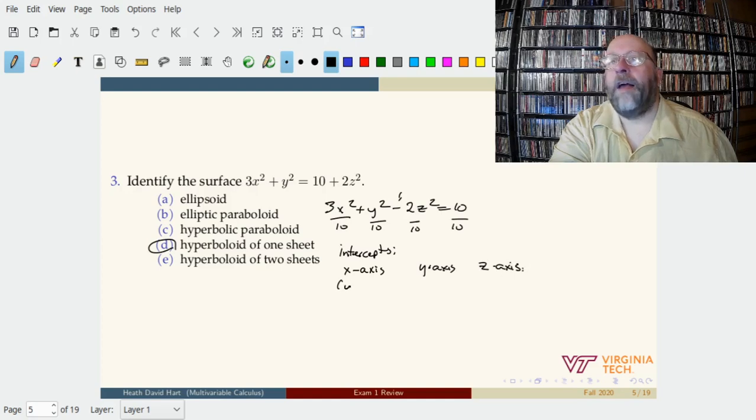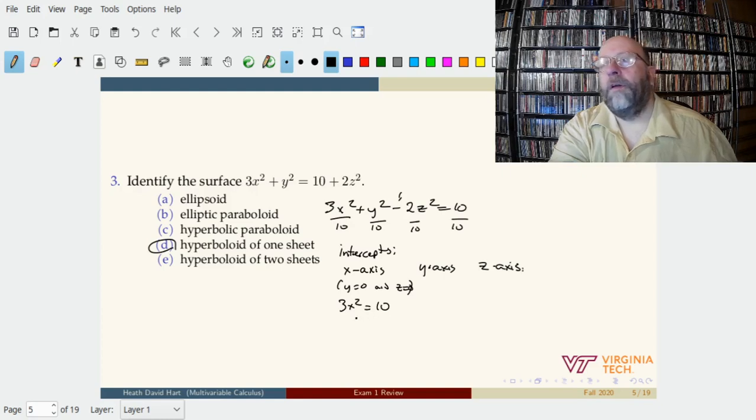On the x-axis, y equals 0 and z equals 0. And so 3 times x squared plus 0 squared equals 10 plus 2 times 0 squared. And so x is equal to plus or minus the square root of 10/3.